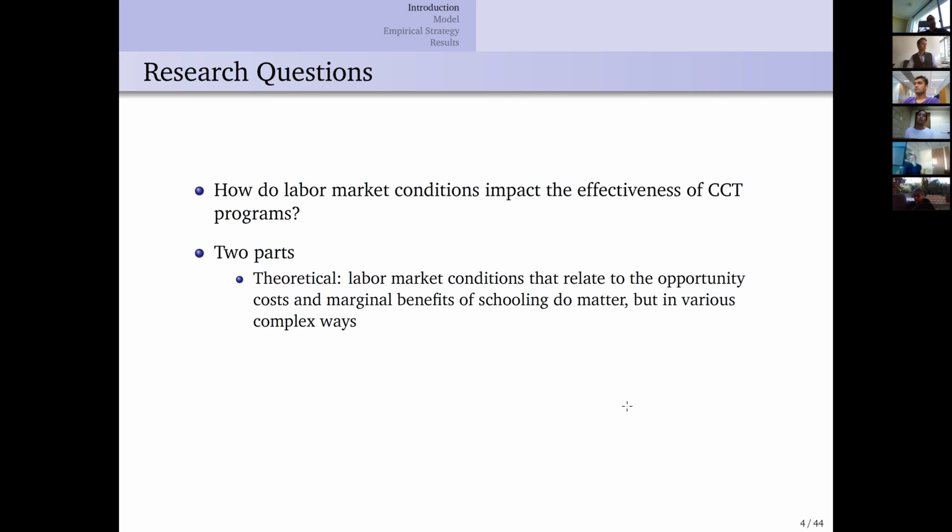I'm going to outline a really simple model that shows that labor market conditions, at least the ones that relate to the opportunity costs and the marginal benefits of schooling, clearly matter for the effectiveness of CCT programs, but in various complex ways that may not be initially obvious.